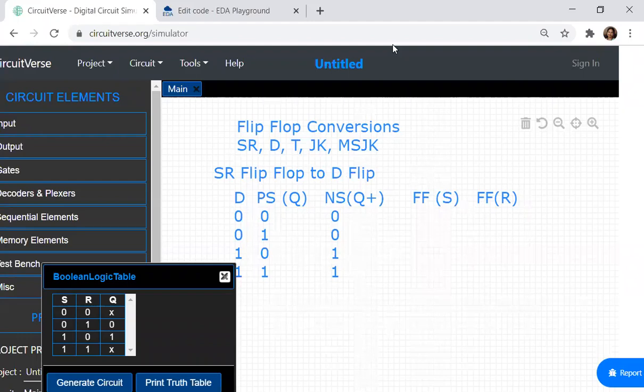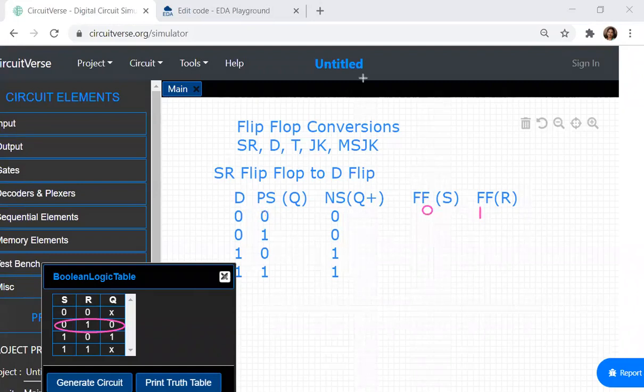Now, when will we get the output of 0 according to our SR function table? We'll get an output of 0 when S is 0 and R is 0. Now, the values of S and R over here can be 0 and 0, or it can be 0 and 1. But you have to check even the previous state.